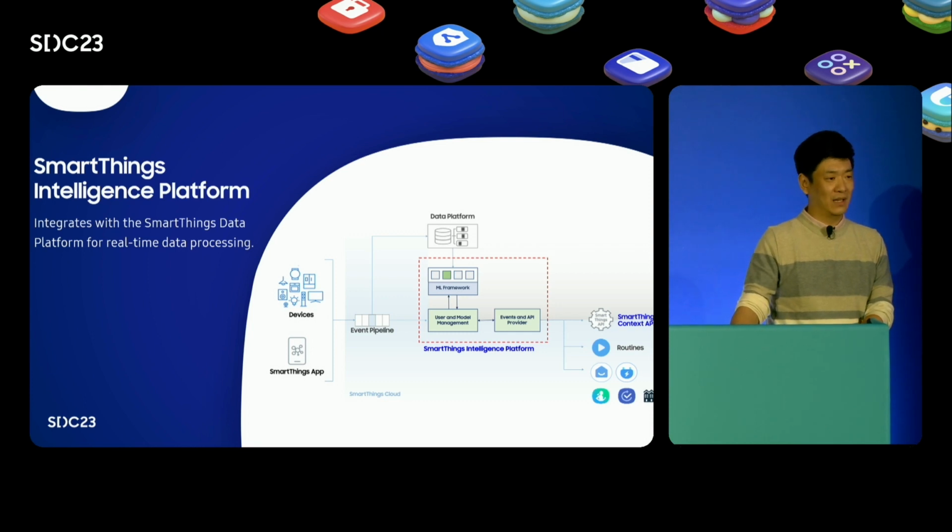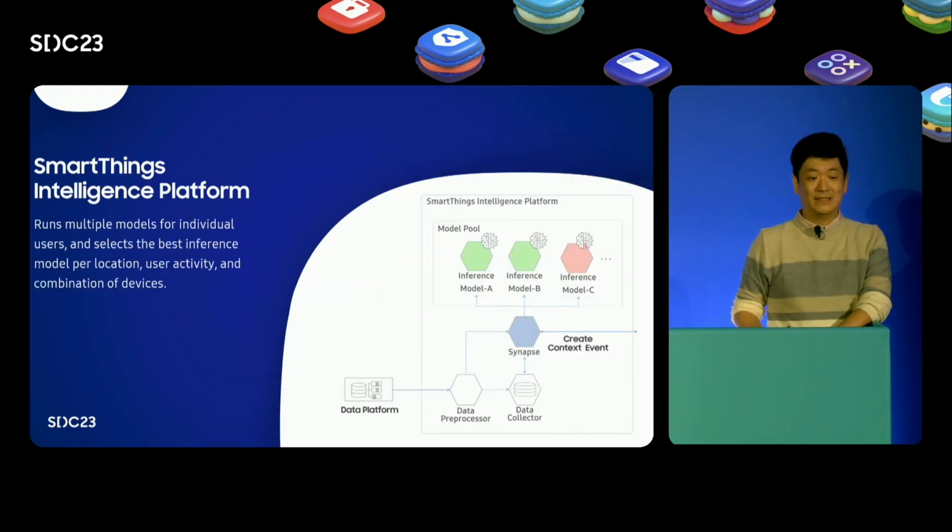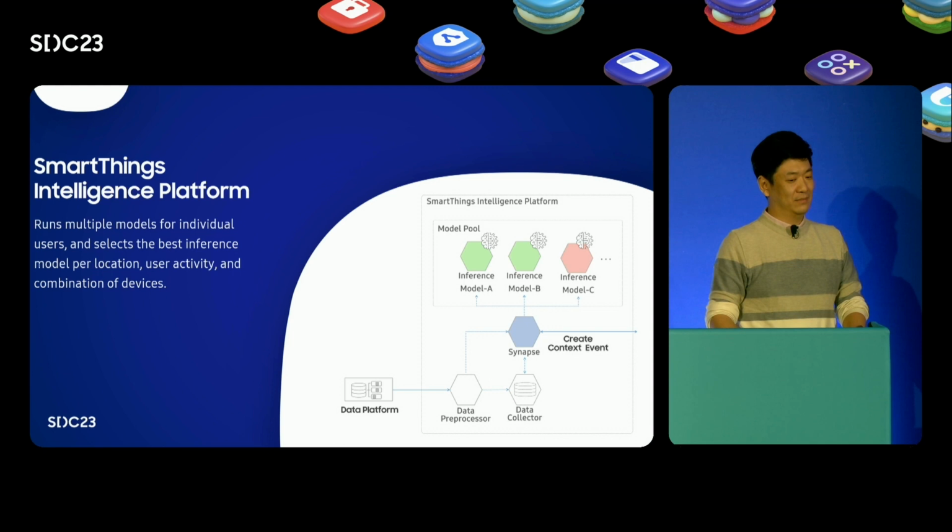Some models require past inference results to make an accurate prediction, so we also store historical inference results and provide them when needed. The second key feature is the inference model pool. In simple terms, each user has the flexibility to pick and choose models based on their needs.